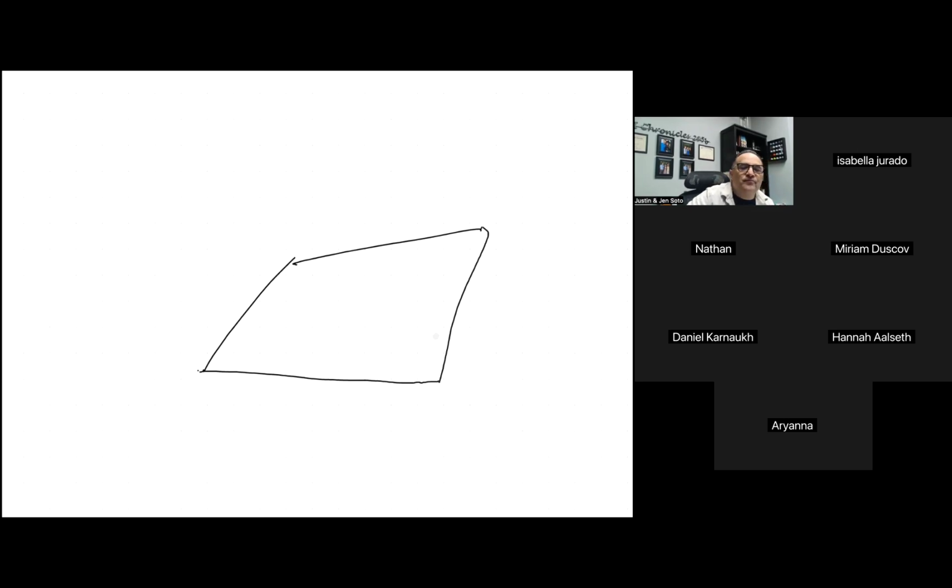We'll call this A, B, C, and D. So it's a polygon because it has more than one side. It's a quadrilateral because it has 4 specific sides with 4 specific angles that are completely enclosed. The fact that they're completely enclosed means it is a quadrilateral, which also means the sum of all of its angles would be 360 degrees.